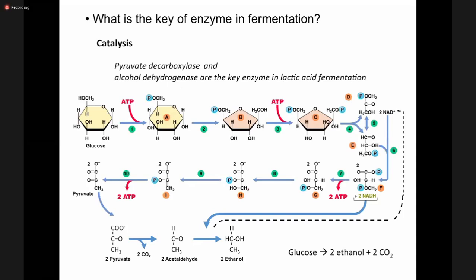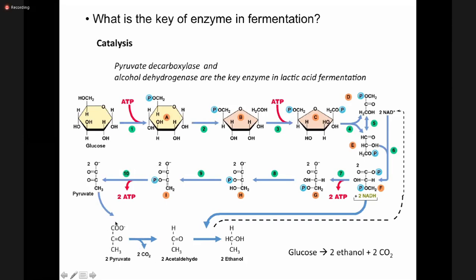So let's move to another story. This is the ethanol fermentation, ethanol production. So again, this is glycolysis from glucose to pyruvate, just the same as our glycolysis. And this time, pyruvate is first decarboxylated.